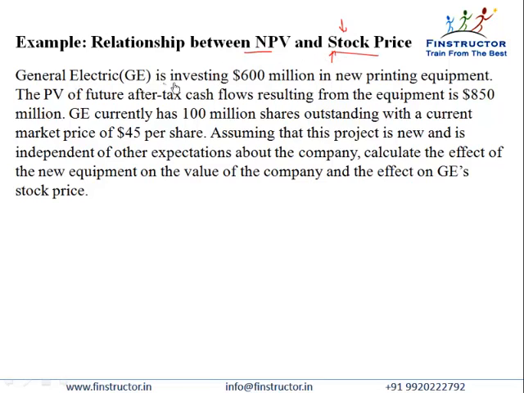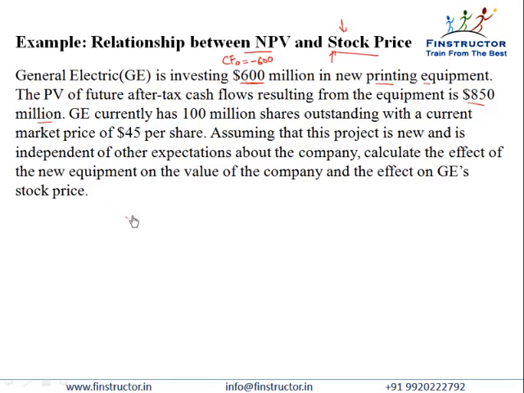So General Electric is investing $600 million in new printing equipment. So this is the investment being made. Cash outflow. The present value of the cash inflows resulting from this equipment is $850 million.